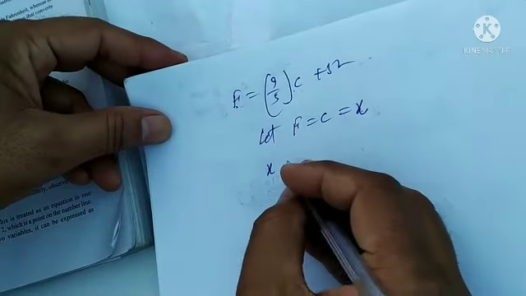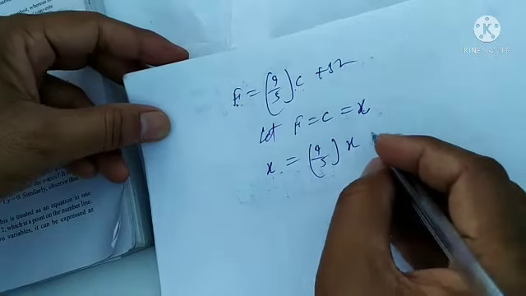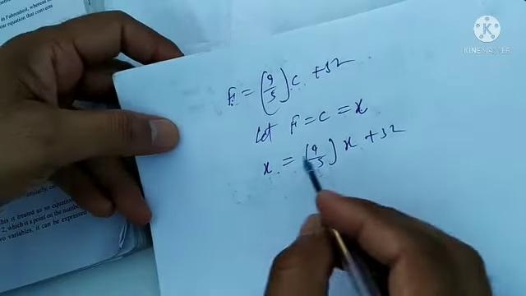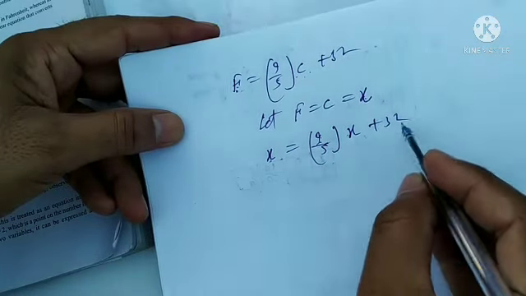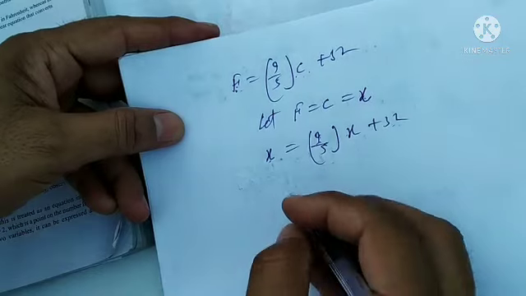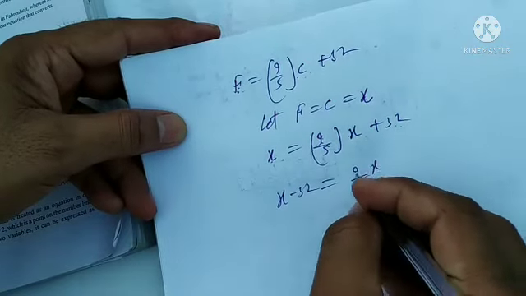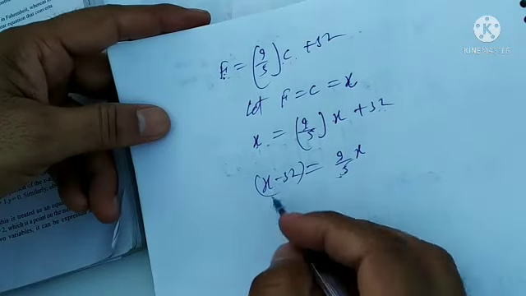Then X is equal to 9 upon 5. Again write X in the place of both Fahrenheit and Celsius, put the value X on both sides. Now this is X and this is 9 upon 5 X plus 32. Transposing 32 to this side, X minus 32 is equal to 9 upon 5 X. Now this 5 will go here and cross multiply.